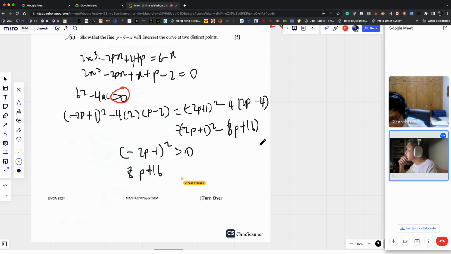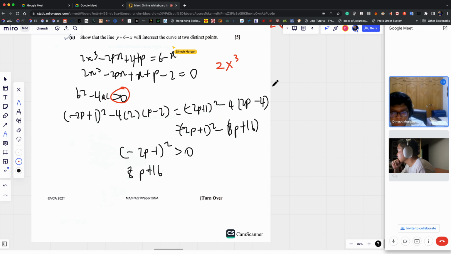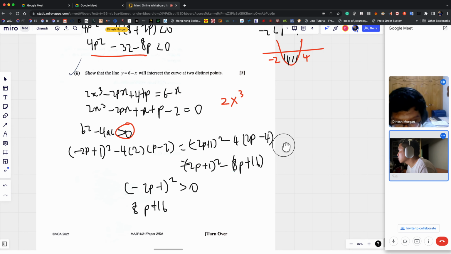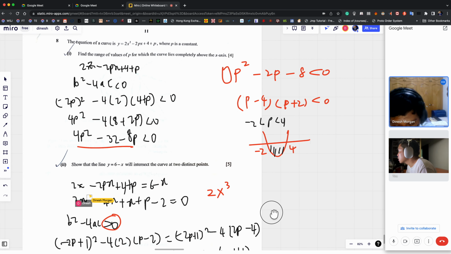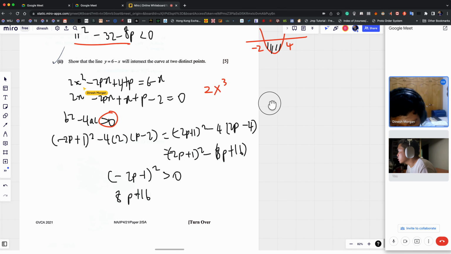You just do your b squared minus 4ac. Let me just tidy up a little. Oh, it's x cubed? No, sorry, the original one I put x cubed everywhere. Everything should be x squared.